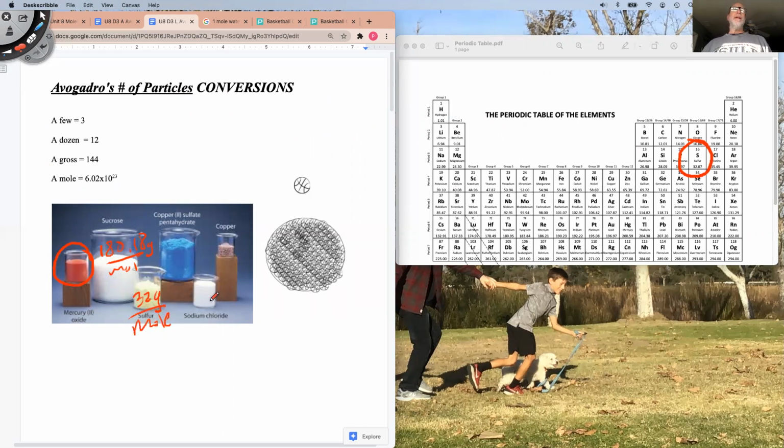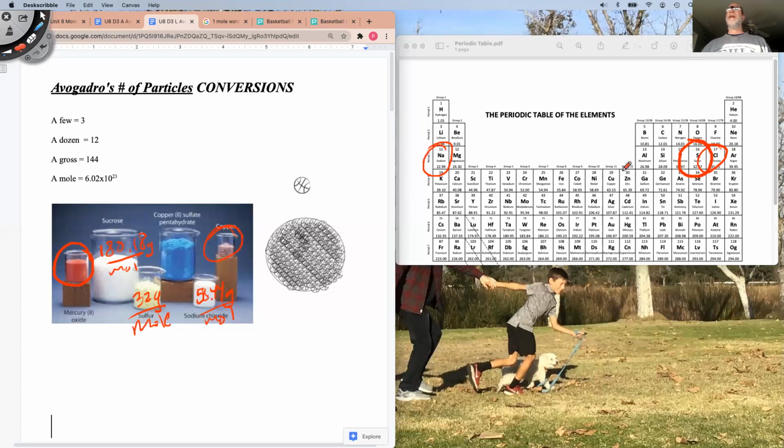All right. Sodium chloride, it's going to be chlorine, which is 35.45, plus sodium, 22.99, and it's going to be 58.44. Okay, so it's going to be 58.44 grams for every mole.